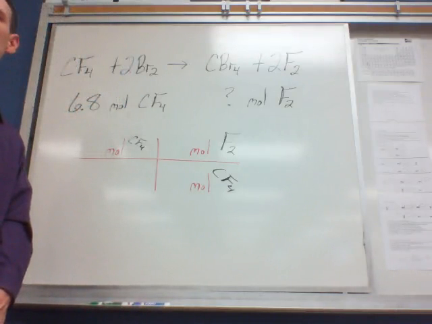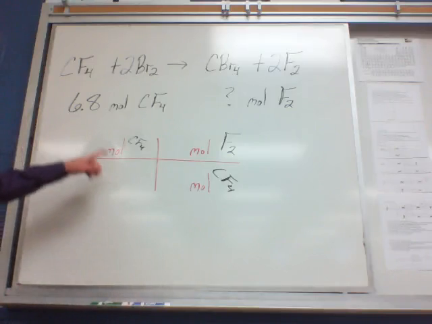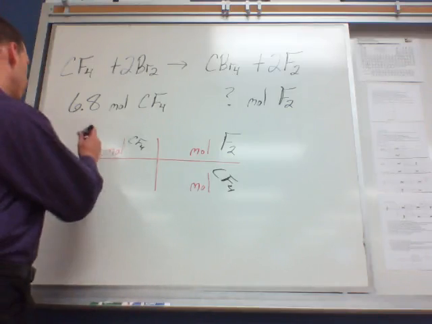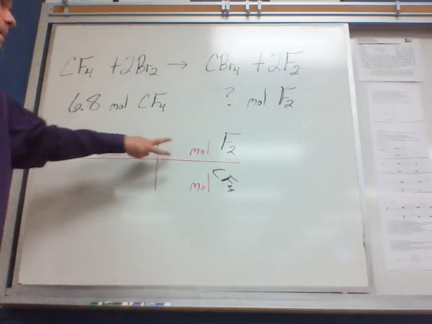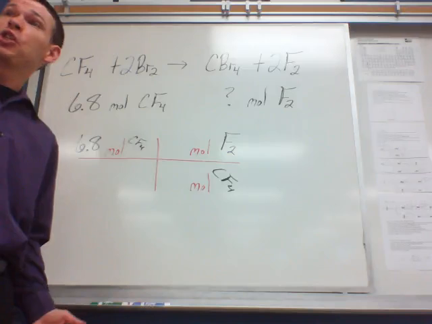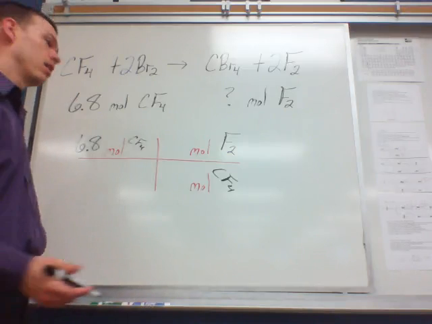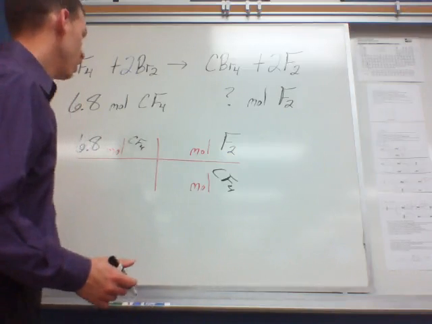Go and add the numbers. The given number is 6.8. Both of these squares say coefficient if you look at the cheat sheet.